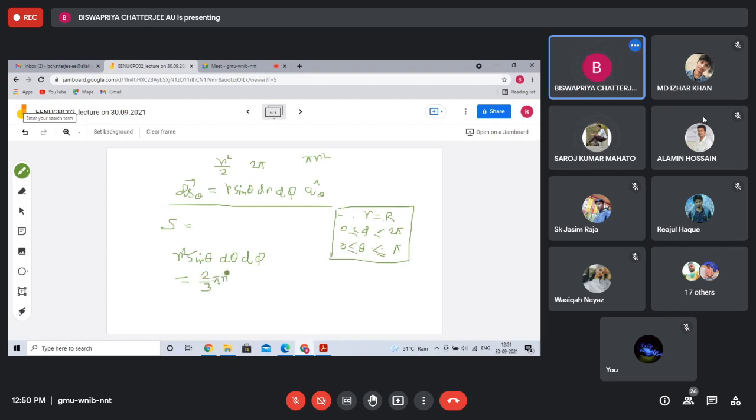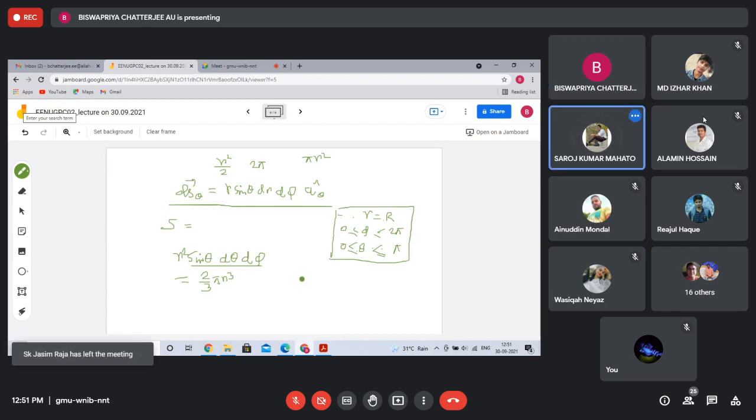Pi r cube, sir. R square. Why should it be r cube? R is constant here. From where are you getting r cube? Okay, sir. So this is 2 pi r square.